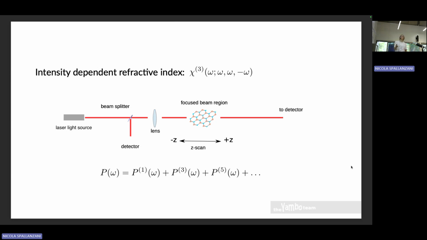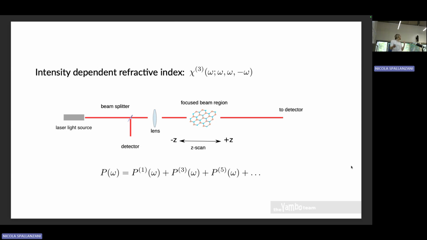The type of experiment you are addressing is the kind in which they shine a laser and focus the beam on the sample with a lens. Because it's just a focus, if you move the sample slightly, it will experience a different intensity, and this will change the higher orders of the polarization.